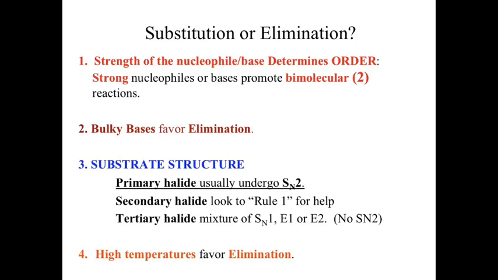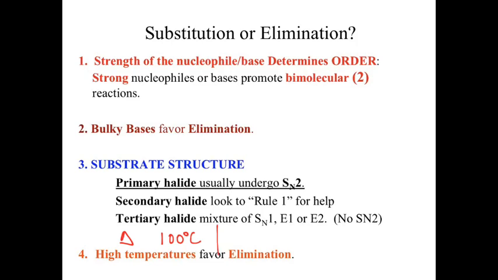The last thing I typically look for would be high temperatures, because high temperatures tend to favor elimination. It's not going to say, oh, this is a hot reaction, but what you'll see very typically will be a delta symbol referencing that heat was added. So you might see a delta. The other thing you might see would be 100 degrees Celsius, because 100 degrees Celsius is hot.